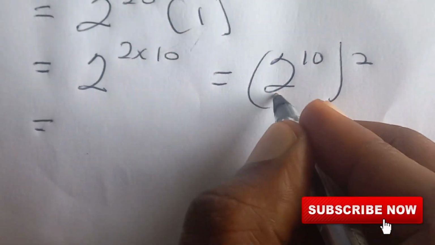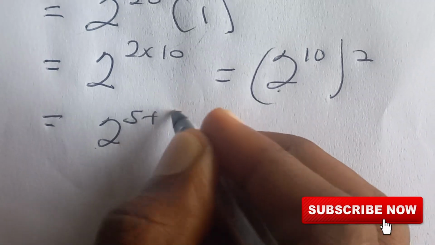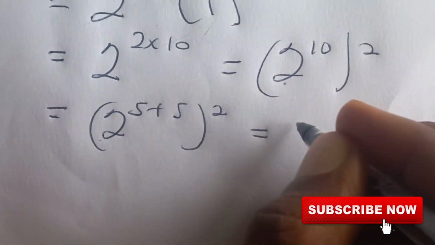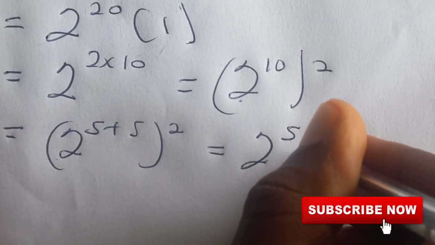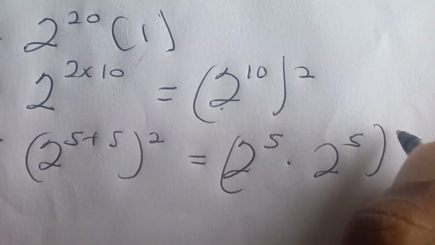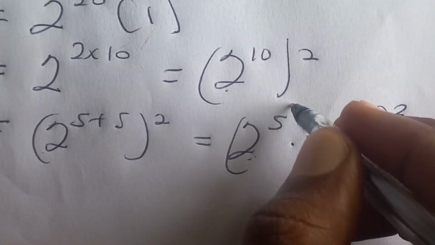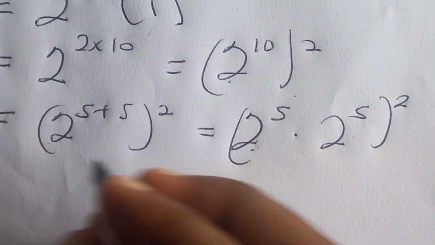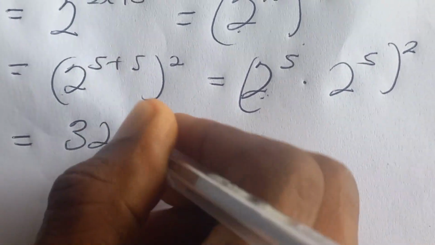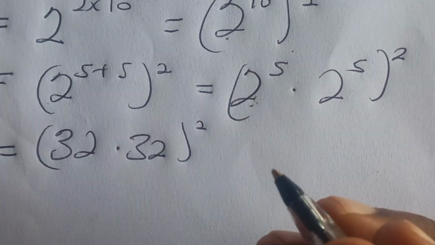Now, this 2 exponent 10, we can rewrite it as 2 exponent 5 plus 5 all squared, which is equal to 2 exponent 5 multiplied by 2 exponent 5, bracket exponent 2. Now, 2 exponent 5 is easy to get, which is 32. So we are going to get 32 multiplied by 32 all exponent 2.